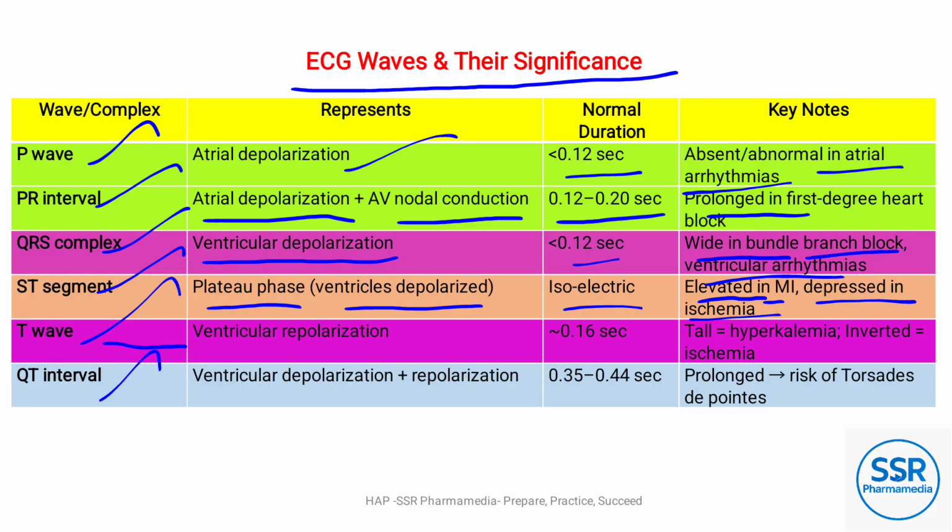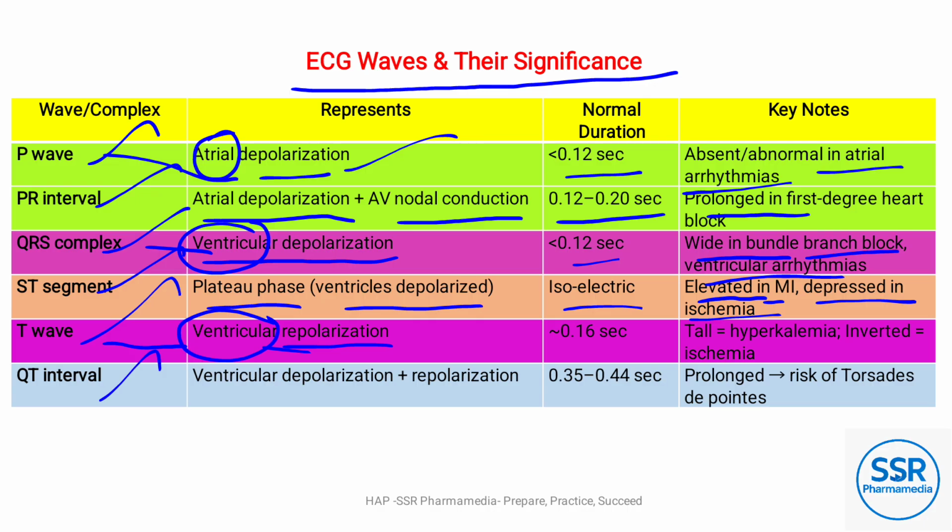The T wave represents ventricular repolarization. So the P wave is atrial depolarization, the QRS is ventricular depolarization, and the T wave is ventricular repolarization.